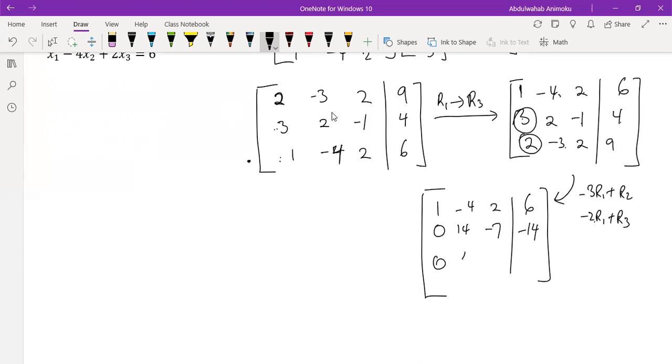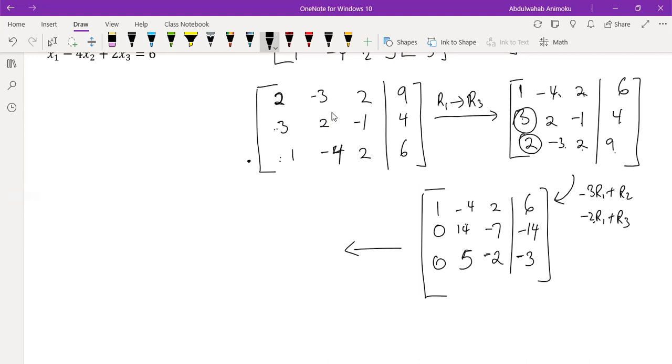Plus 8 minus 3, that's plus 5. Then 2 times minus 2, that's minus 4 plus 2, that's minus 2. And finally, minus 2 times 6, that's minus 12 plus 9, that's minus 3. Okay, good. Now we move to the next one.